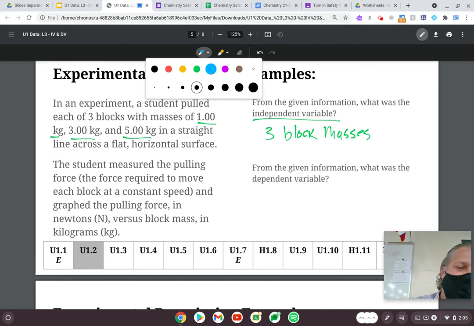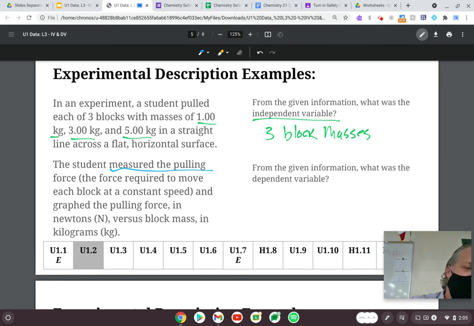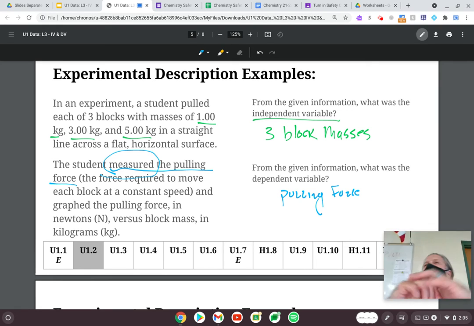The dependent variable was the thing that was being measured, which in this case was the pulling force. And again, measured is our key word there. Okay, questions?